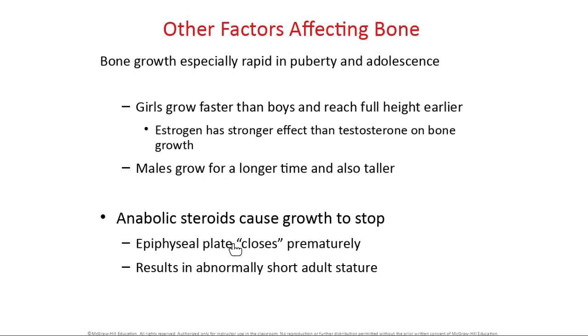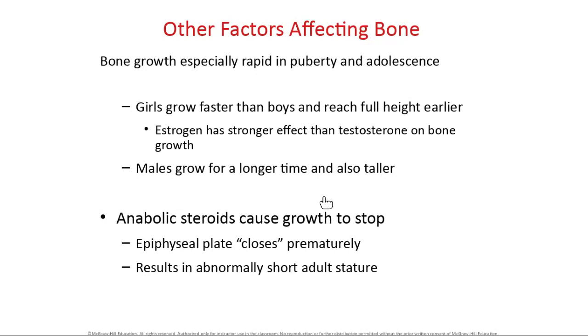So this is why, if you are a child, you should not take anabolic steroids, particularly testosterone. If you are a child and your bones are still developing, you should definitely not take testosterone because it's going to have the opposite effect of what you want. Keep in mind, these hormones are very tightly controlled in how much is secreted for very specific, important reasons.